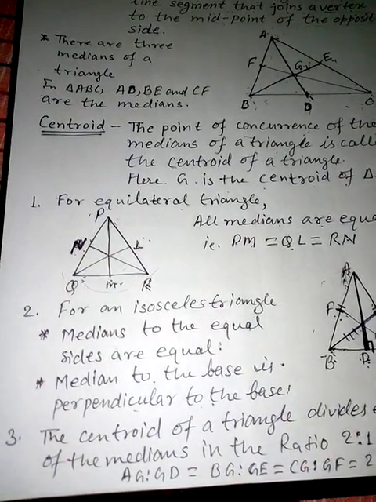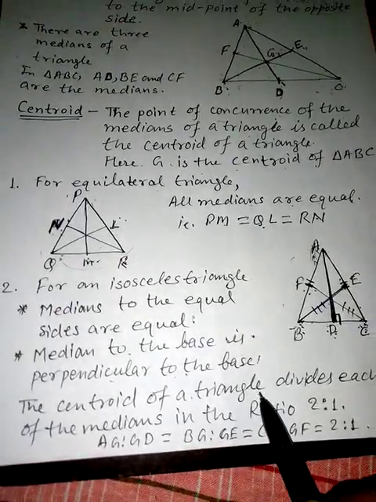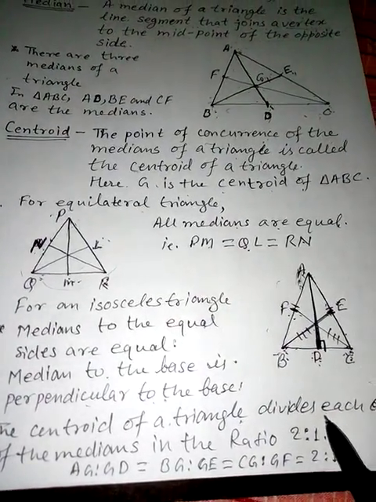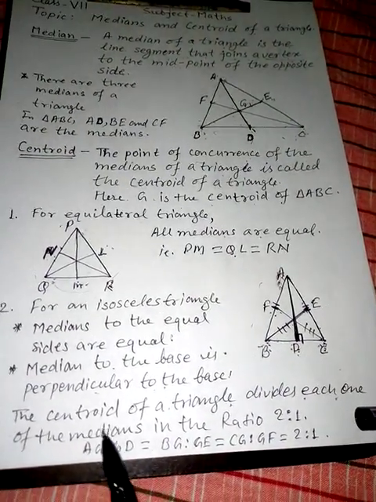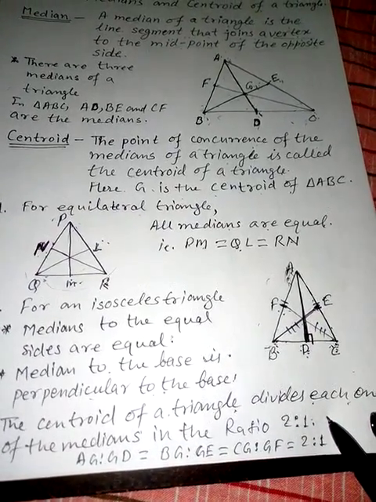Now one more thing that is special. The centroid of a triangle divides each one of the medians in the ratio 2:1.